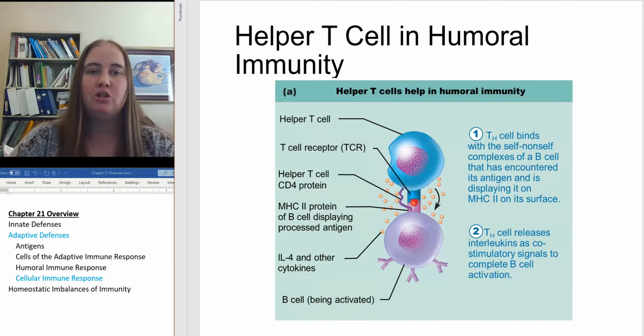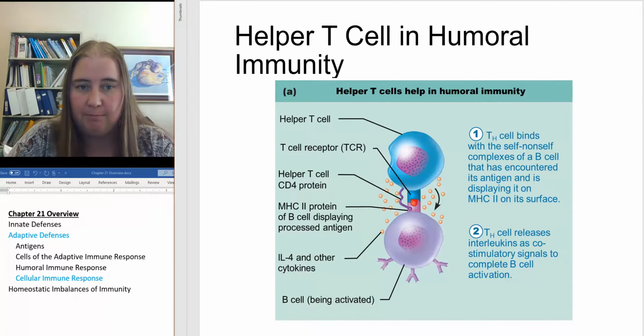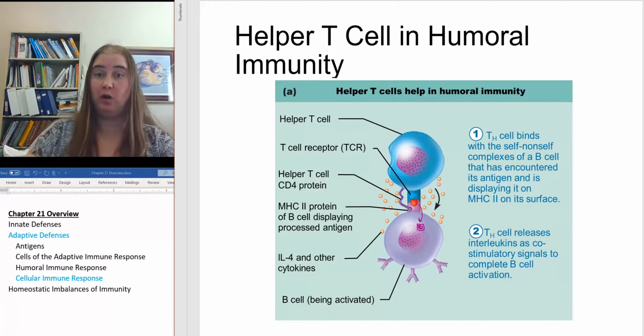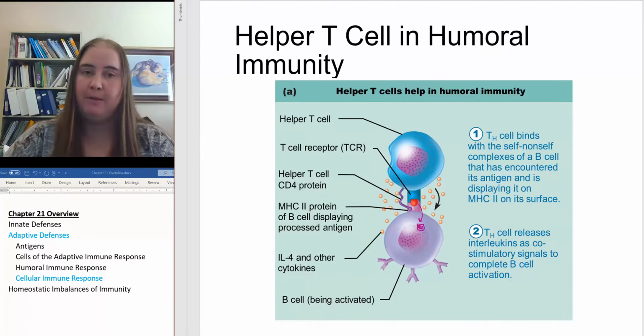So here is our B cell. We talked about the fact that the B cell is an antigen presenting cell, because the B cell can bind that antigen. Through an endocytosis process, it's going to internalize that antigen. However, it stalls right there. It can't do anything else, because what it needs is this T cell to bind to this antigen.